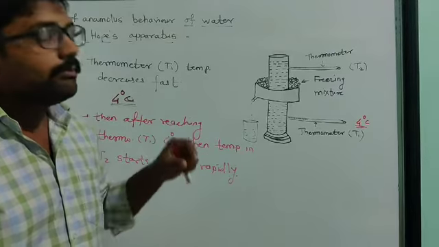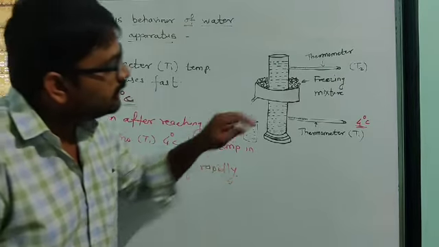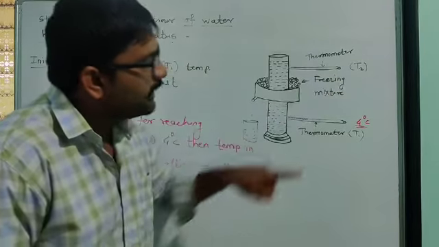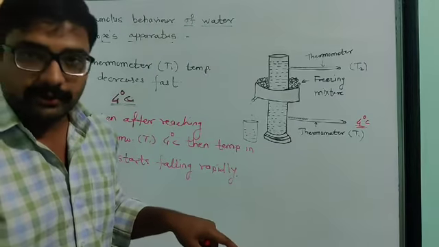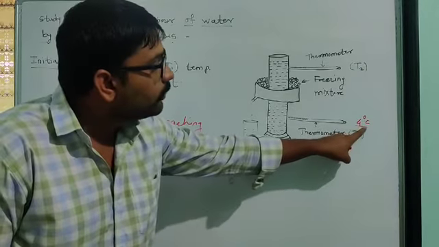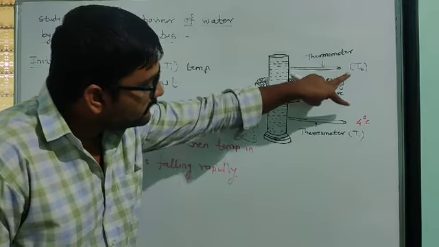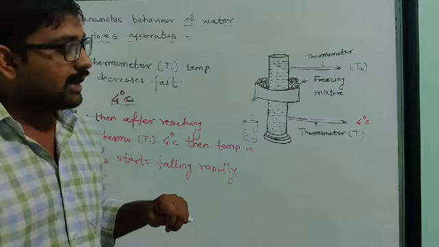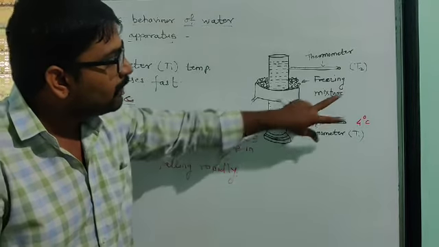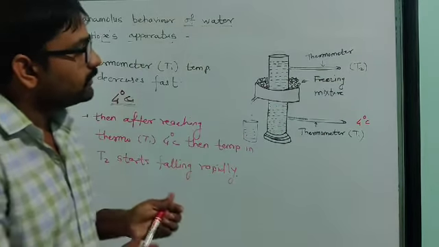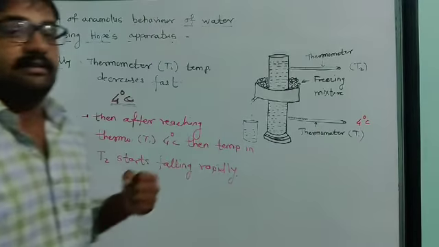And one position will come where both thermometers have the same temperature. That is how much? 4 degrees Celsius. Once that time comes, both thermometers will show 4 degrees Celsius.